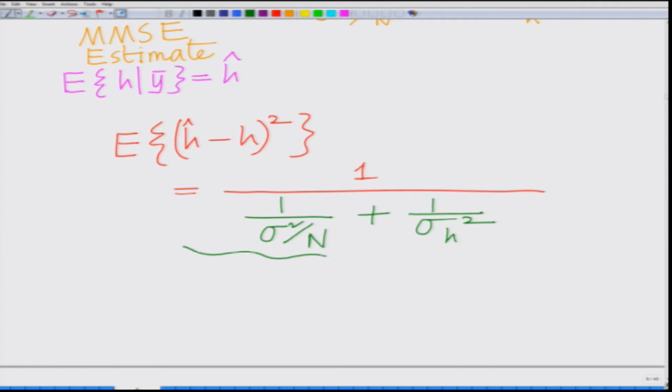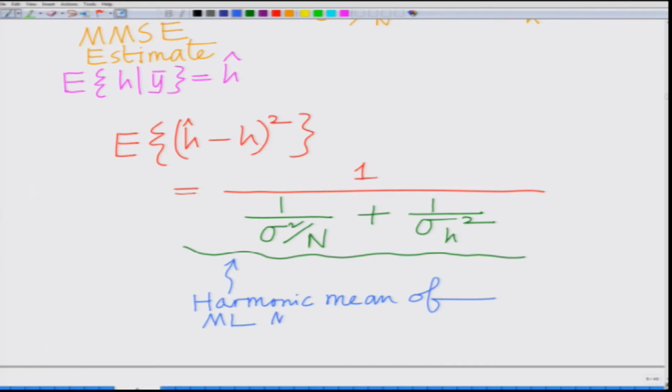This is the harmonic mean of the ML mean squared error, that is sigma square divided by n, and the prior variance, sigma h square.